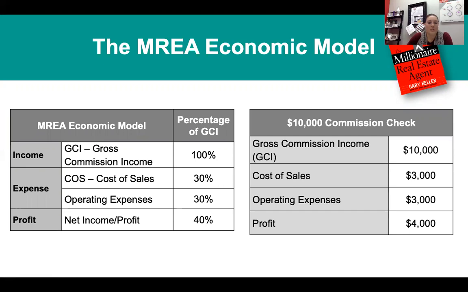Then you're going to estimate 30% for cost of sale, 30% for operating expenses, and be left over with 40% net income profit. In the example to the right here, it says $10,000 commission check. Your cost of sales would be $3,000. Your operating expenses are then $3,000, and then your profit is $4,000.